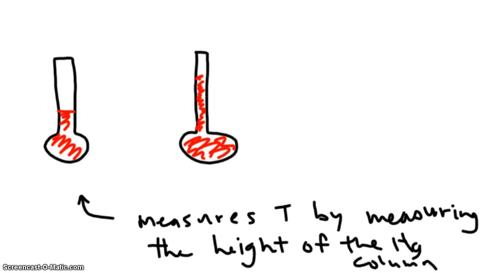That's how it measures temperature. Mercury has the symbol Hg. So it measures temperature by measuring a different physical quantity. The higher the column, the hotter the temperature.